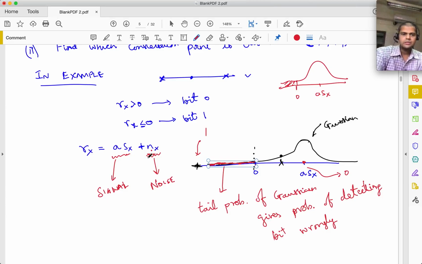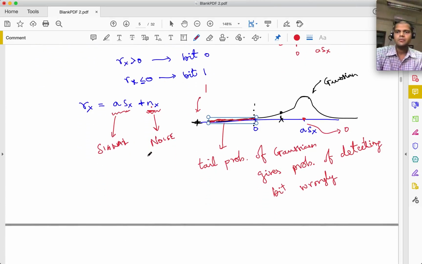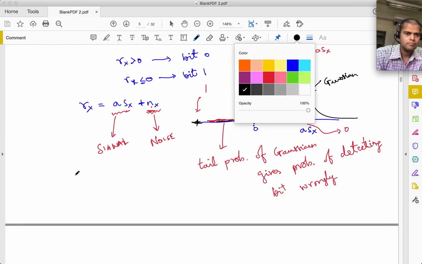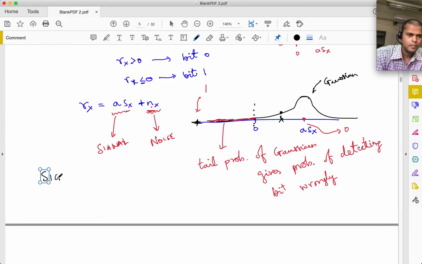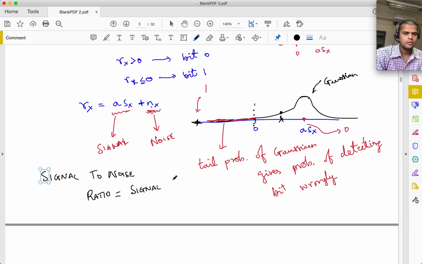So essentially, the bit error rate depends on what is called the signal to noise ratio. The signal to noise ratio is the signal energy, or the signal power, I should say, to the noise power.